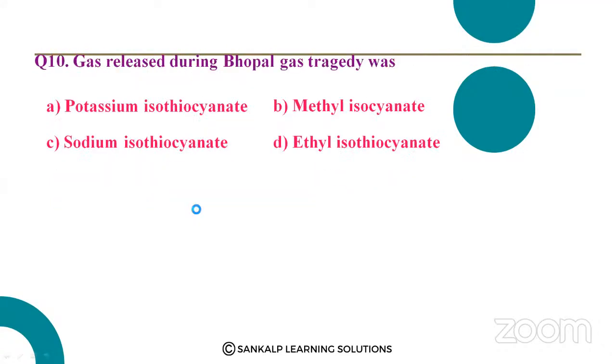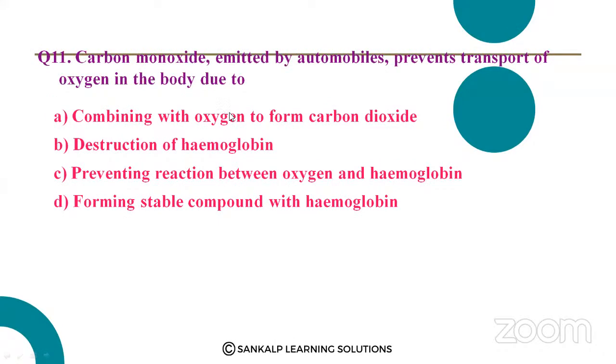To prevent the carbon monoxide from forming the complex, oxygen should form a stable compound with hemoglobin.